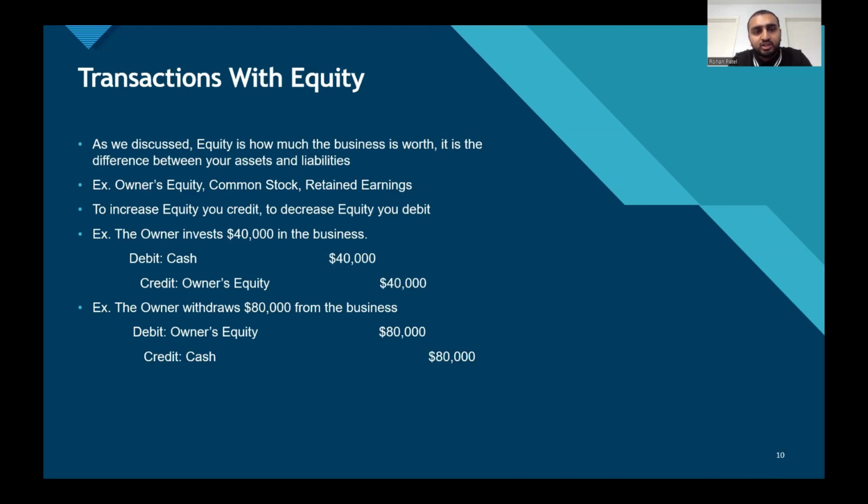Since assets as well as equity are proportional, essentially. So if assets go up, then equity goes up as well. And we are crediting owner's equity for $40,000 since that is more money that is really coming into the business.